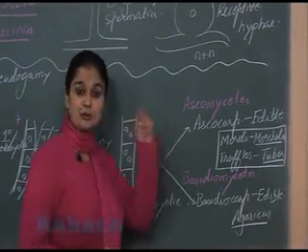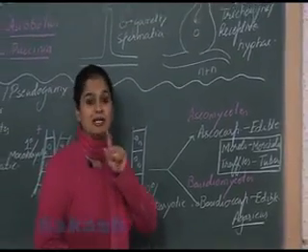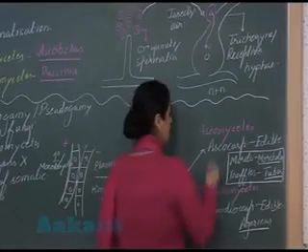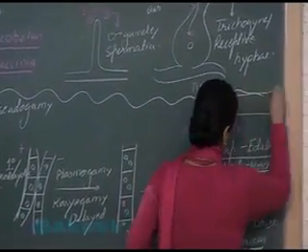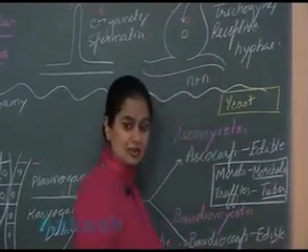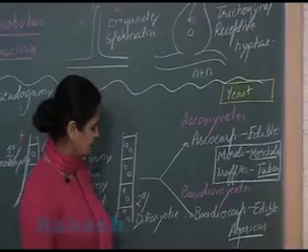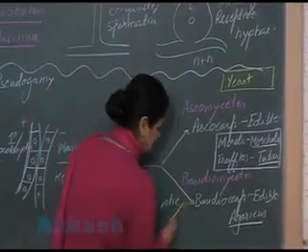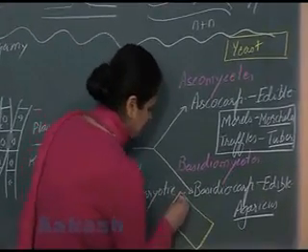Now here I will be citing a few exceptions. In Ascomycetes, there are some members where ascocarp is not formed, where this fruiting body is not formed. One example for this exception is yeast. In yeast, a member of Ascomycetes, fruiting body formation is absent. Similarly, in the Basidiomycetes, there are two exceptions where basidiocarp formation is absent.